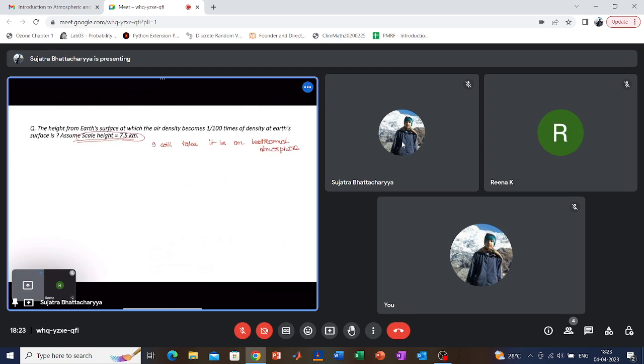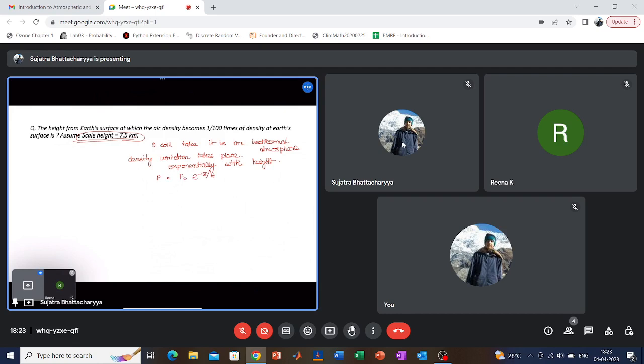Okay. So now density variation takes place exponentially with height, just like pressure. Therefore P, we write it as P naught e to the power minus z by h.